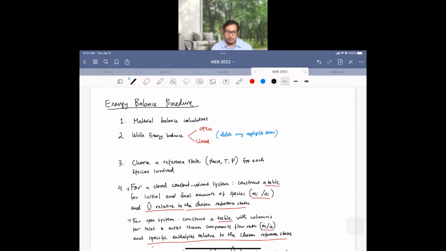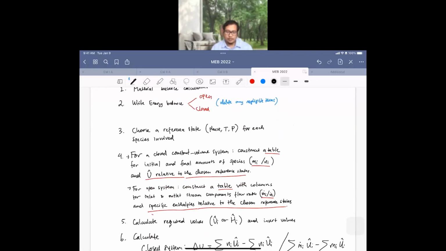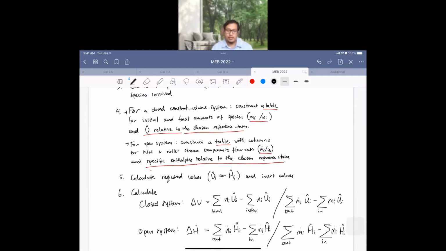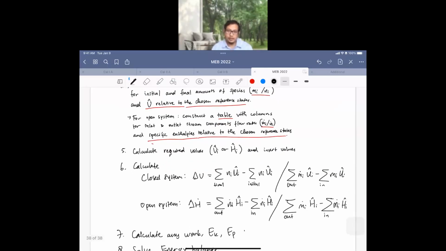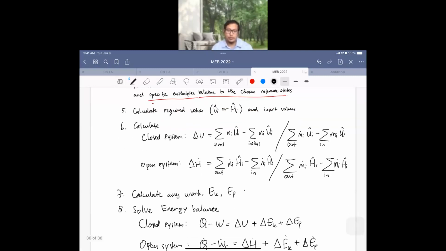We can focus first on finding the enthalpy or the internal energy. That should be more approachable. And then we find the reference state, and then we input our values, and then we can calculate the delta for internal energy and enthalpy.